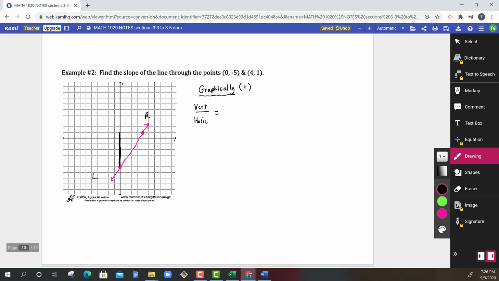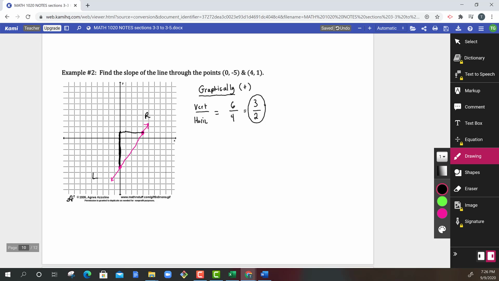There's 1, 2, 3, 4, 5, 6. And then divide it by the horizontal change. So I'm not going to count that first dot. 1, 2, 3, 4. So the slope is 6/4. Both of those numbers are even. So our slope is +3 over +2.